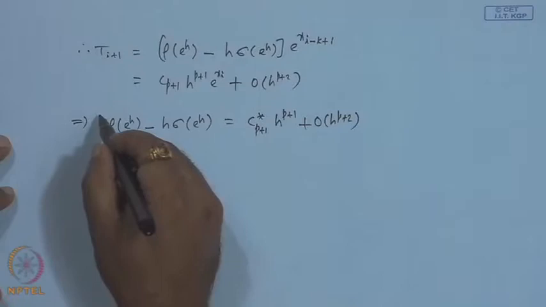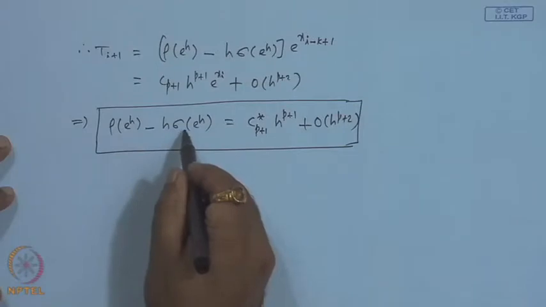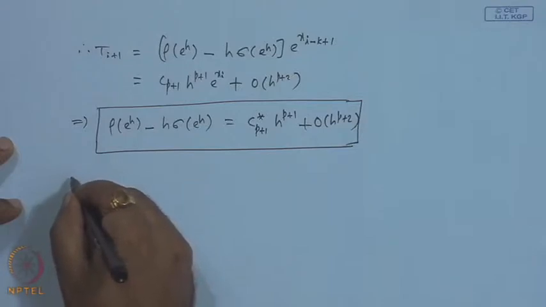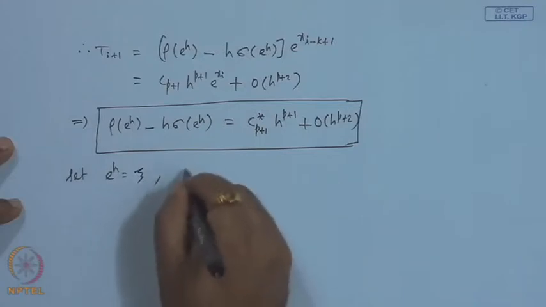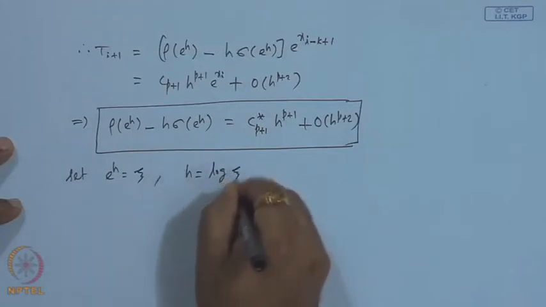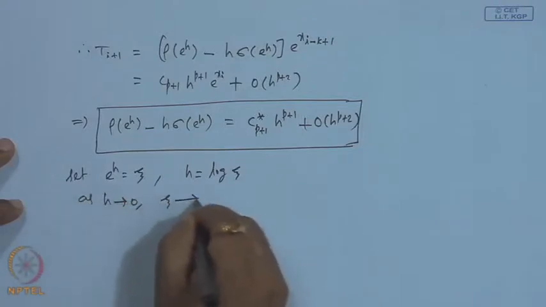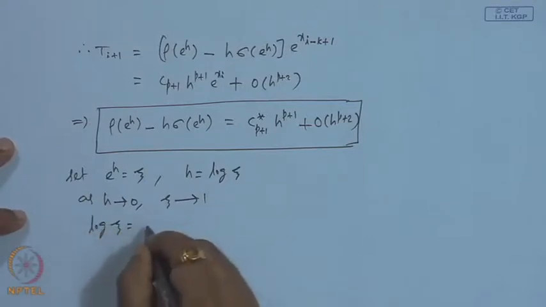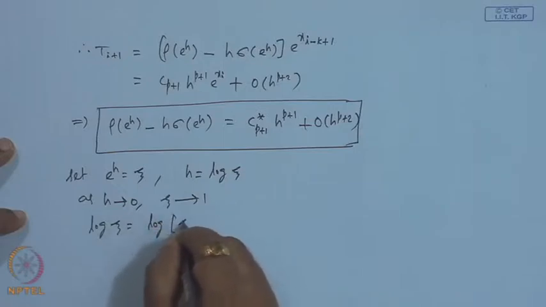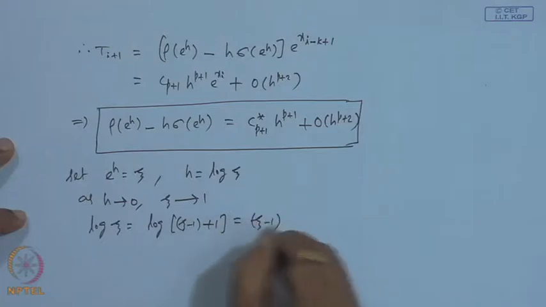Okay. So, now this becomes the basis for finding, given this, how to find the second characteristic polynomial. How do we do it? Let us proceed. Set this as h goes to 0, 1, then log zeta, we write it as zeta minus 1 plus 1, and we write an expansion.